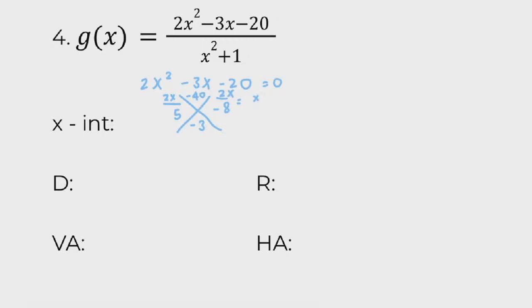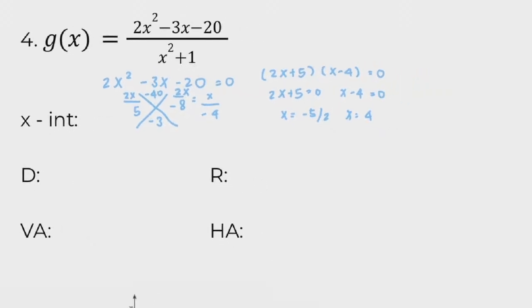So this will simplify to x over -4. So we have 2x plus 5 times x minus 4 equals 0. We're going to set each one equal to 0 and solve. So we'll get -5 over 2 and 4. So that means our x-intercepts are at -5 over 2, 0, and at 4, 0.